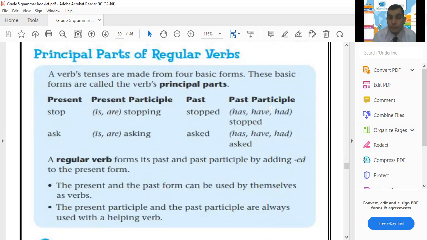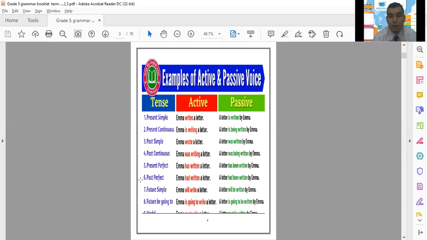Present participle and past participle. So the past participle has has, have, had plus verb plus ed. And the present participle has am or is or are plus verb plus ing. So you don't know what a past perfect and a present perfect are. I can't and I won't take the time to explain them because they're not ours right now.